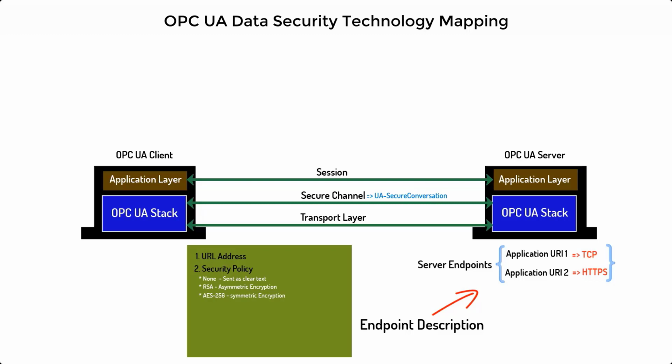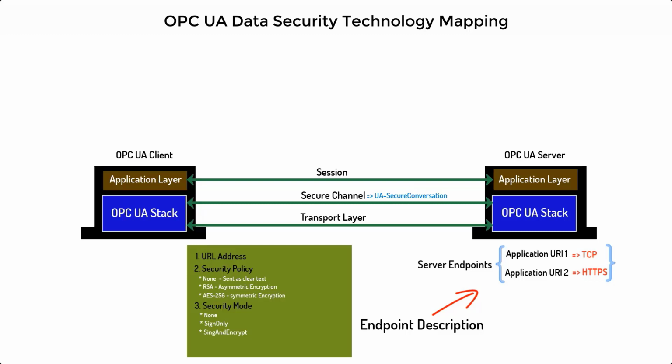Next, an OPC UA server's endpoint description would also include its security mode, which could be none, sign only, or sign and encrypt. Now, for the sign only and sign and encrypt modes, the OPC UA client and server would have to acknowledge and verify each other in order to create a secure channel.